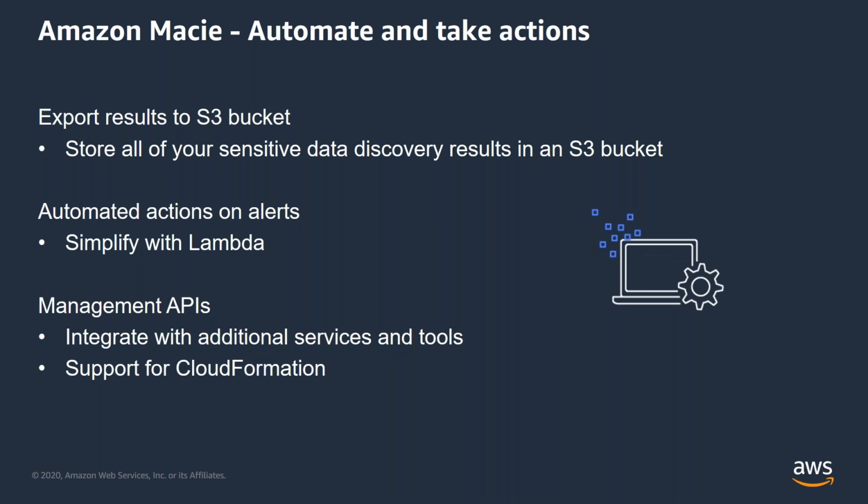The management APIs also make it easy to integrate the service with other third-party tools or additional services within the AWS portfolio. We also do support CloudFormation, so if there are templates that need to be deployed at scale, that is something that can be accomplished using the management APIs as well.